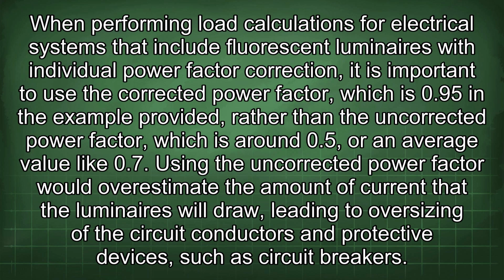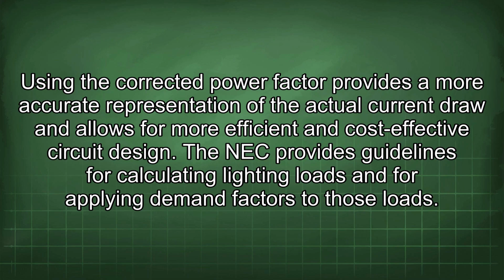Using the uncorrected power factor would overestimate the amount of current that the luminaires will draw, leading to oversizing of the circuit conductors and protective devices, such as circuit breakers. Using the corrected power factor provides a more accurate representation of the actual current draw and allows for more efficient and cost-effective circuit design.